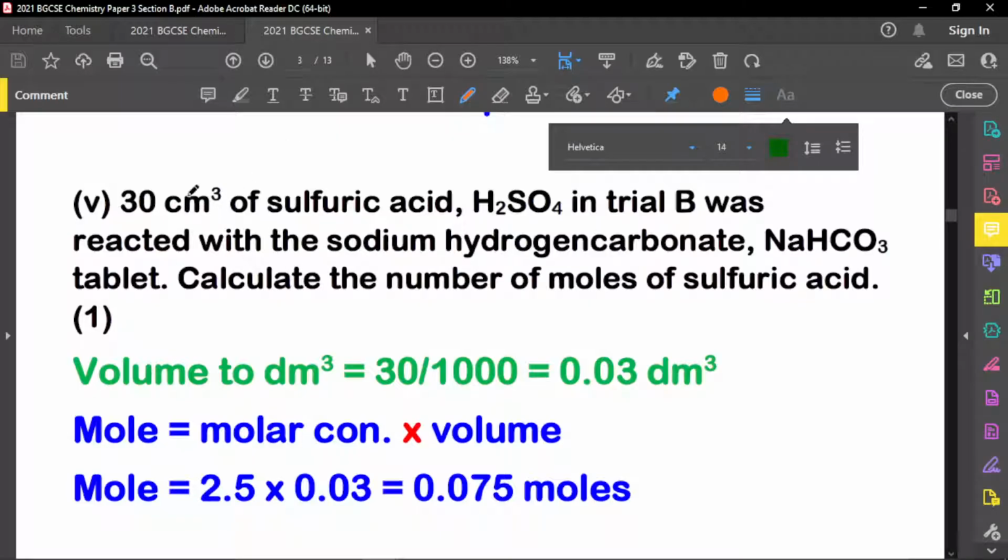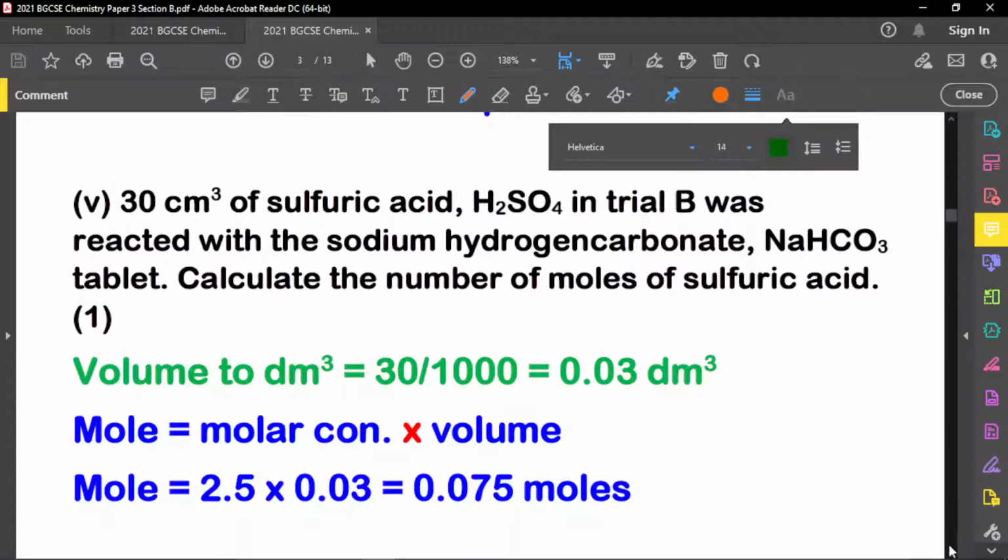So we're going to convert that into dm cube, because we have our concentration in dm cube. The moles are going to be molar concentration multiplied by volume, and the molar concentration in the chart was 2.5 moles per dm cube. We multiply it by the volume in dm cube, and as a result we get 0.075 moles of sulfuric acid.